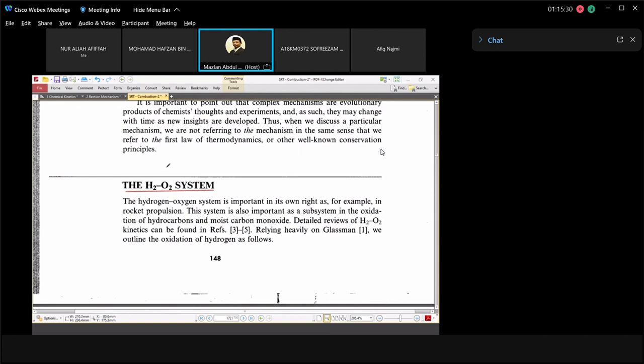In fact, my current research is on the rotating detonation engine. They also use a hydrogen and oxygen system. Let's say this is your oxygen tank, and this is your hydrogen tank, and they are connected together and put in the system.